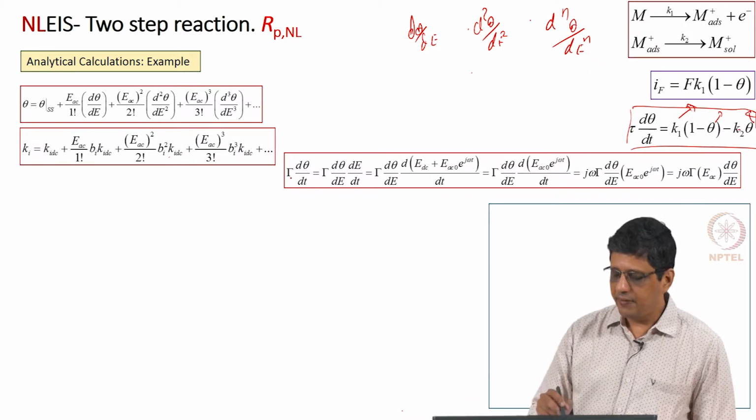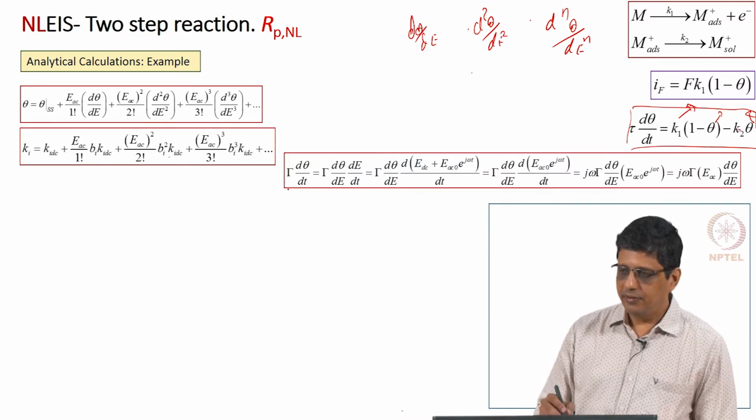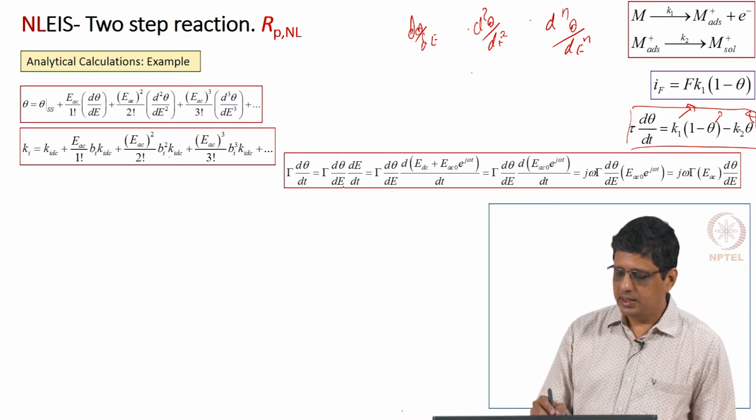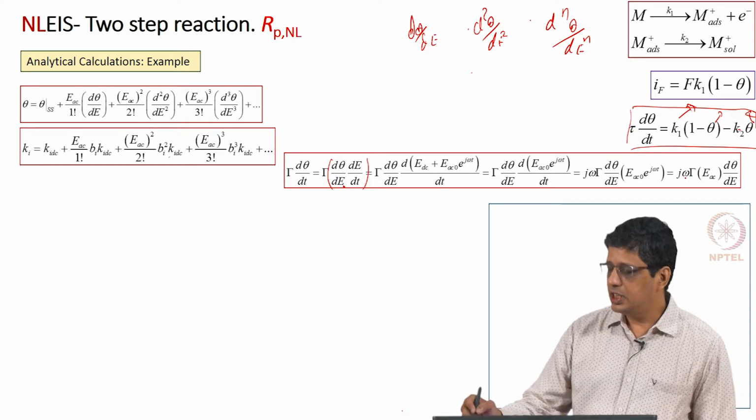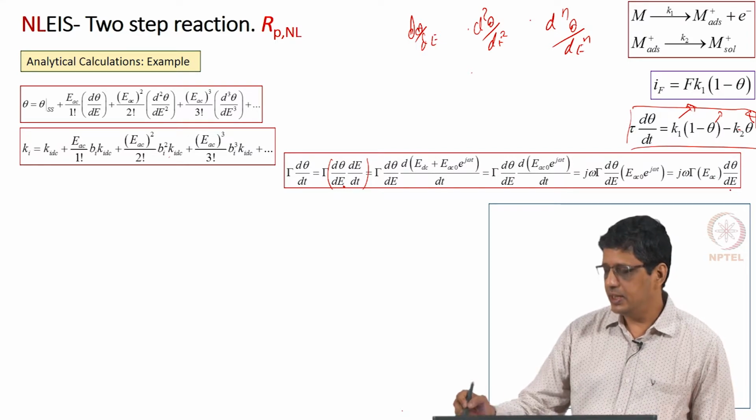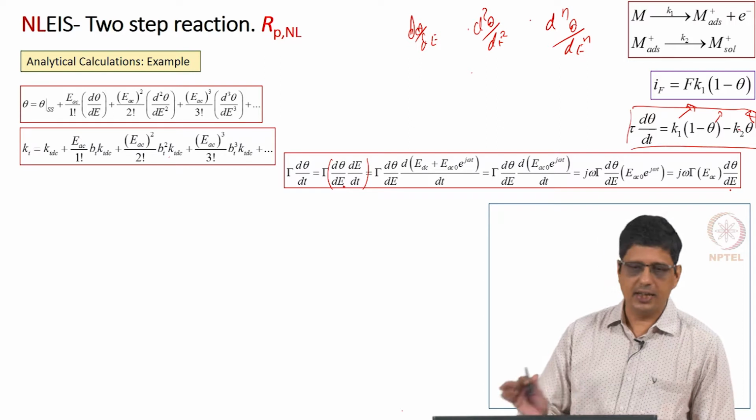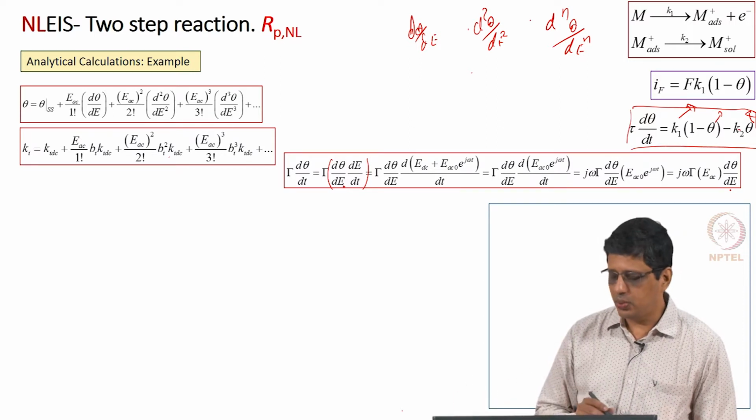On the left side we have seen this before very early, when we look at the linearization we would have written gamma d theta by dt as d theta by dE multiplied by dE by dt, and we would get j omega gamma EAC d theta by dE. We have done this n number of times. So, we will just continue with this.